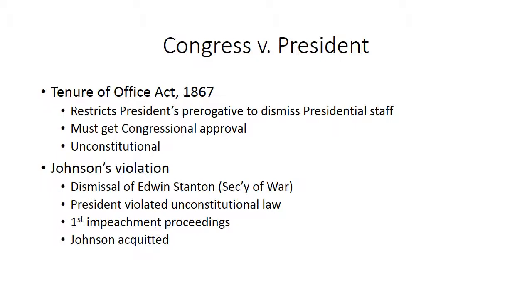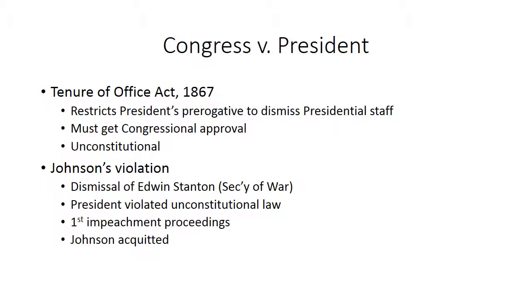Now, that runs contrary to the U.S. Constitution. Johnson elects this time to have a showdown with Congress over it, and he will dismiss Edwin Stanton, who is Secretary of War. Okay? Congress charges that in so doing, Johnson has violated the Constitution. Not constitutional law. He's violated statutory law. There are two reasons, and only two reasons, for impeaching a president.